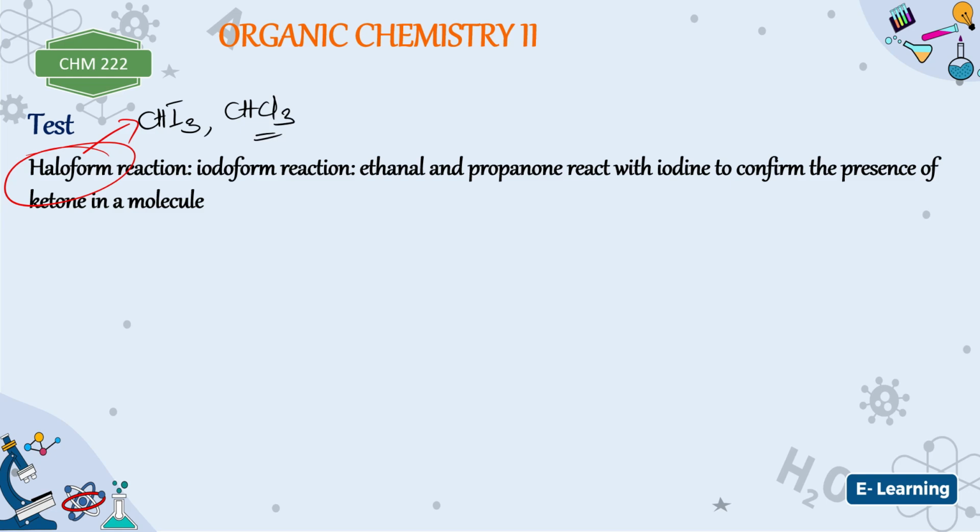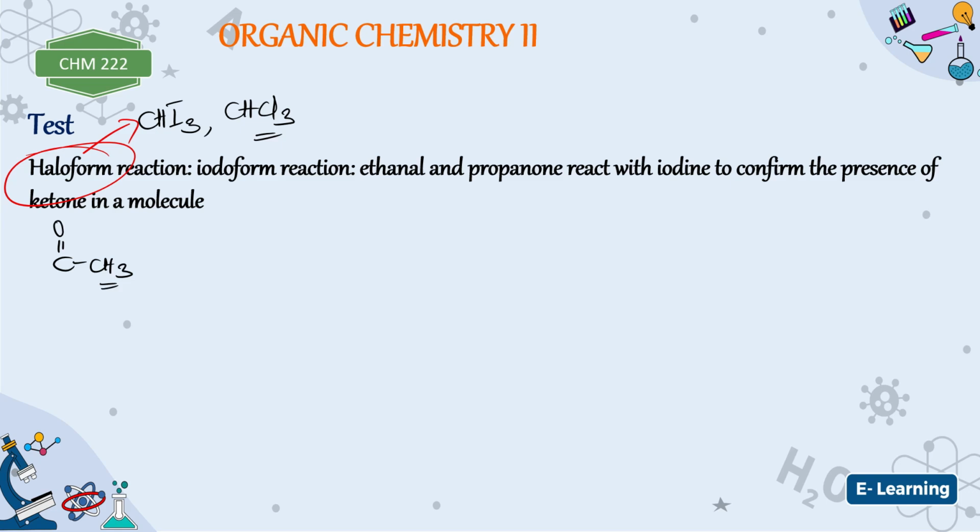The iodoform test can also be used to distinguish aldehyde and ketone. In the iodoform reaction, ethanol and propanol react with iodine to confirm the presence of the carbonyl group, especially the CH3CO group.